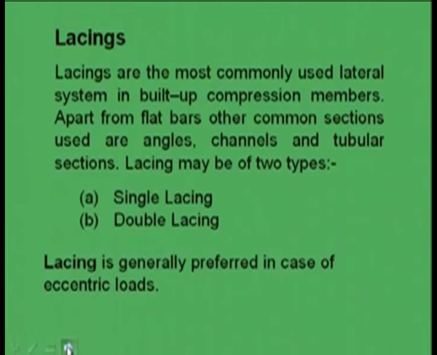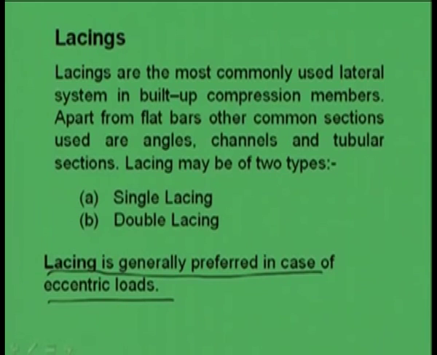So, when we use lacing, as I told, lacing is generally preferred in case of eccentric load, whereas battening we use generally for concentric load. For eccentric loading systems we use lacing systems. Now, lacings, as we told, are the most commonly used lateral system in built up compression members.